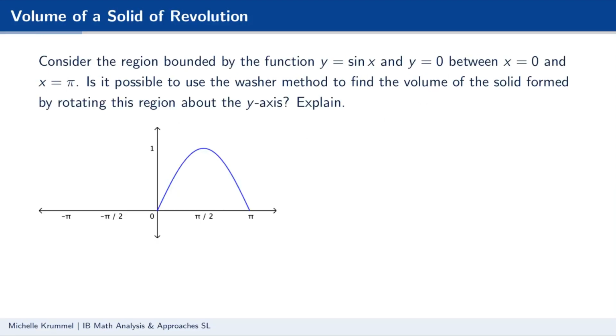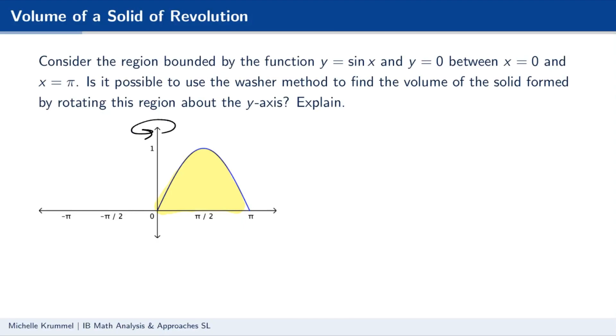Now let's consider this next problem. Consider the region bounded by the function y equals sine of x and y equals 0 between x equals 0 and x equals pi. So we're talking about this region right in here. Is it possible to use the washer method to find the volume of the solid formed by rotating this region about the y-axis?